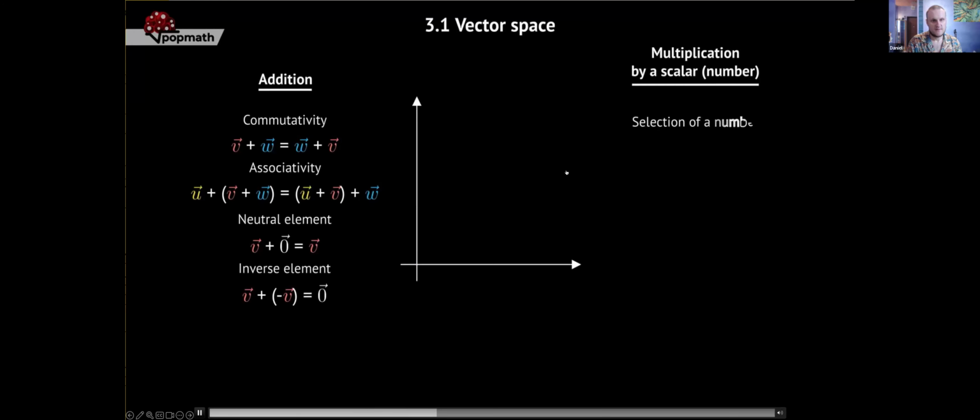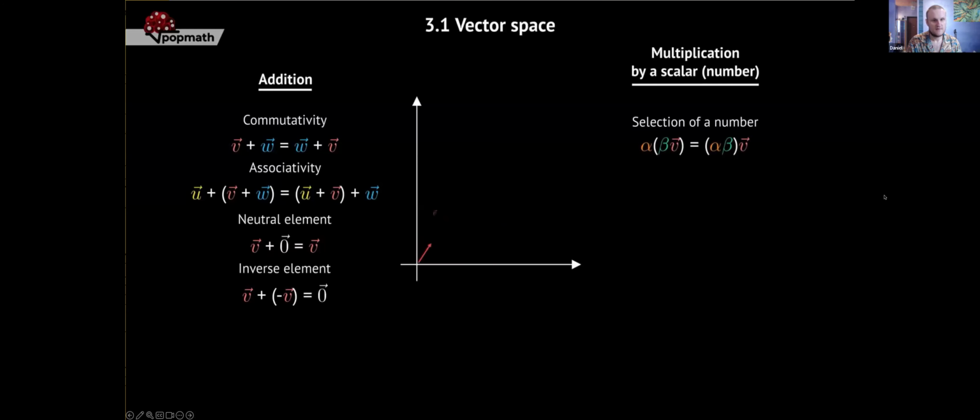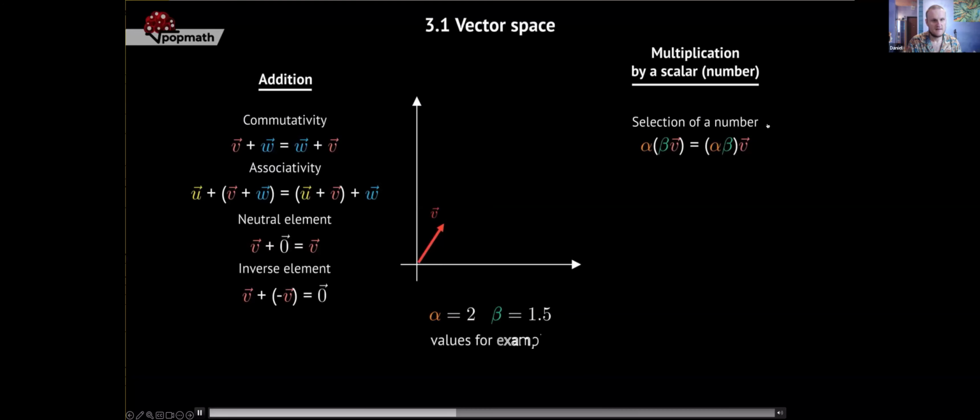When it comes to multiplication by a scalar, again we can pick any number value and see that the order in which we do multiplication does not matter. We arrive at the same vector anyway. First we multiply by 2, then by 1.5, and the result is the same. Again, there exists a neutral element: we multiply by 1, and nothing changes.